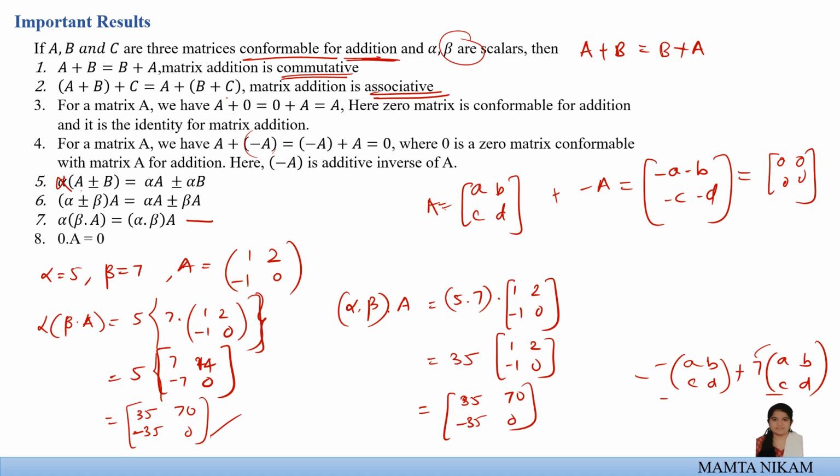So you observe both the matrices are equal, and 0 multiplied by any matrix is always going to be a zero matrix. So these are a few results based on the algebra of matrices, with respect to addition and multiplication.